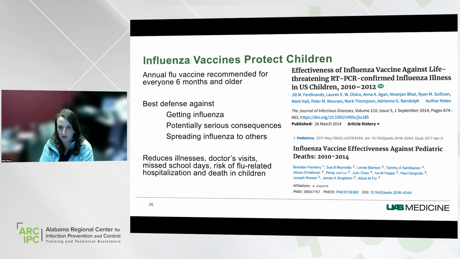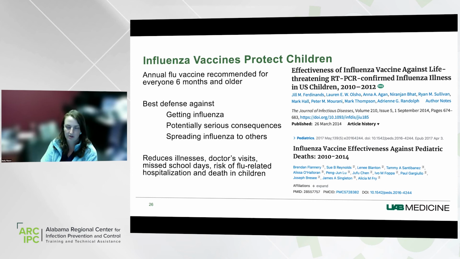And these numbers are quite astounding, upwards of preventing over 60% of possible pediatric deaths simply by getting the flu vaccine alone. So it is very efficacious. It changes season by season depending on how closely related the flu vaccine is to the circulating strain.